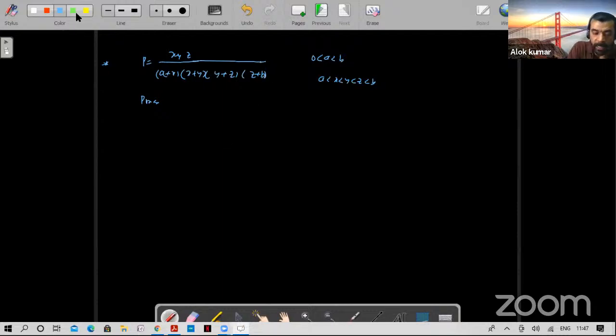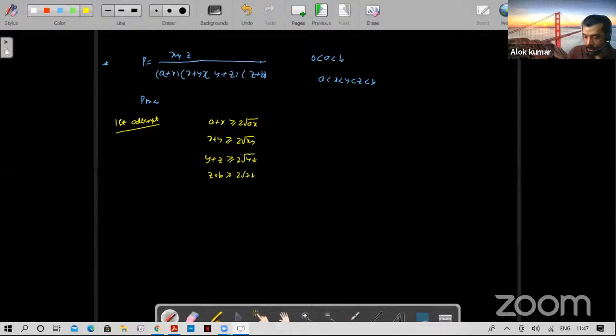Now, suppose someone does his or her first attempt like this, that they quickly notice that they can write A plus x as at least 2 times the square root of Ax. They can write x plus y as at least 2 times the square root of xy. They can write y plus z as at least 2 times the square root of yz, and they can write z plus B as at least twice the square root of zB.